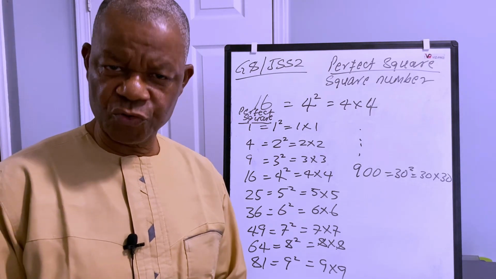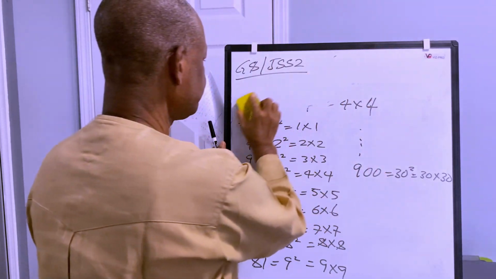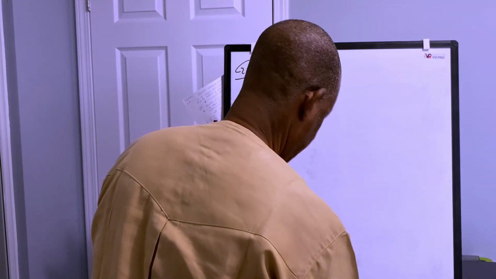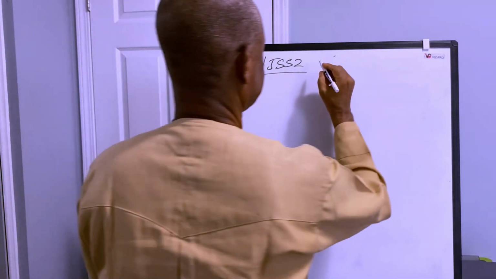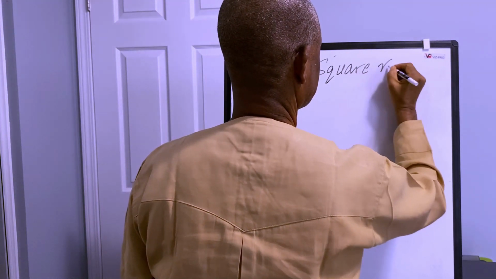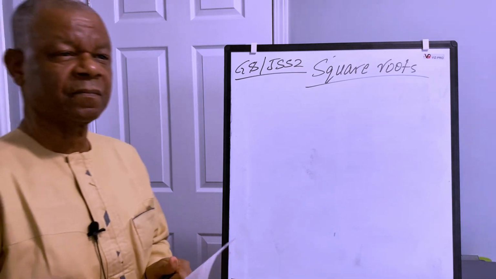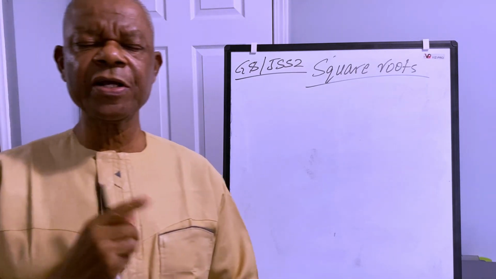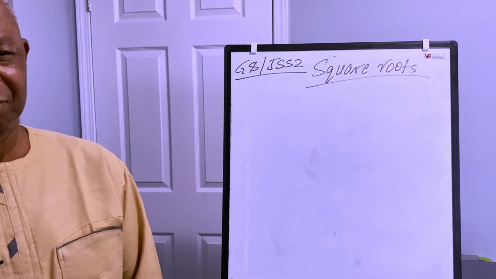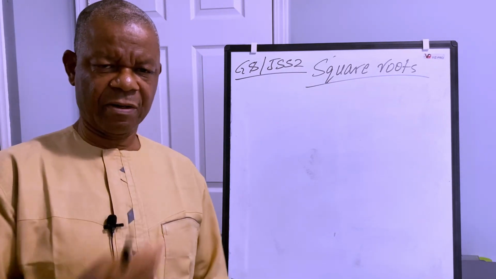Let us look at square root of numbers. The square root of a number is the number that, when it multiplies itself, will give you the given number.